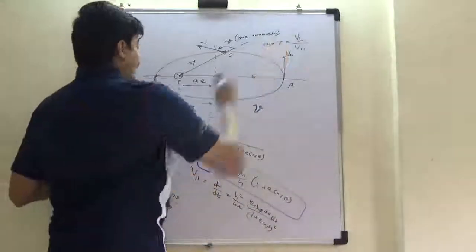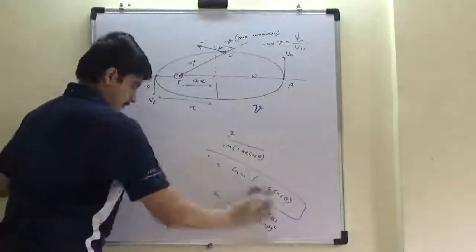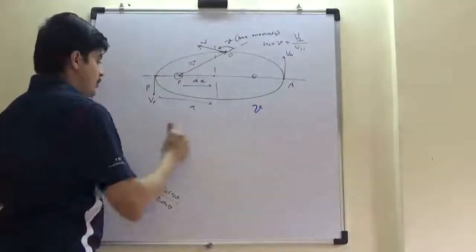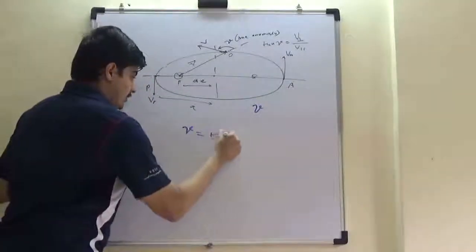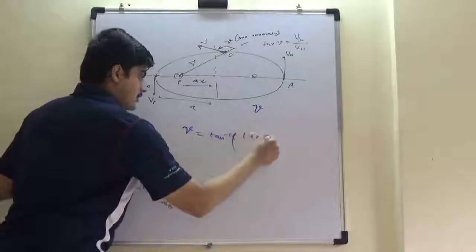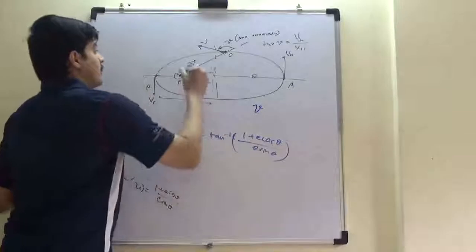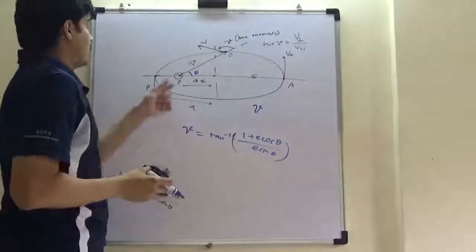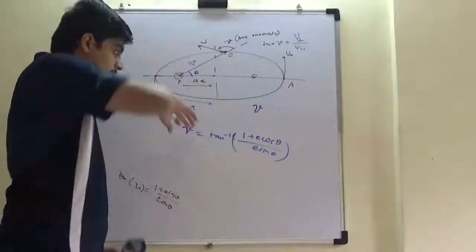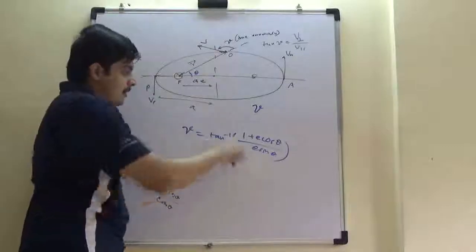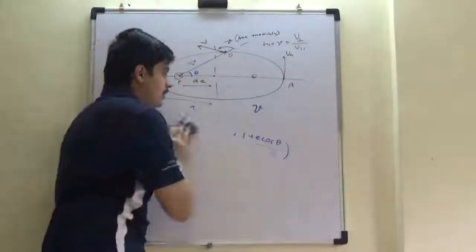So your anomaly mu, which is tan inverse of 1 plus e cos theta upon e sin theta, depends on the angle made by it with the foci, which is what you can measure, and the eccentricity of the orbit.